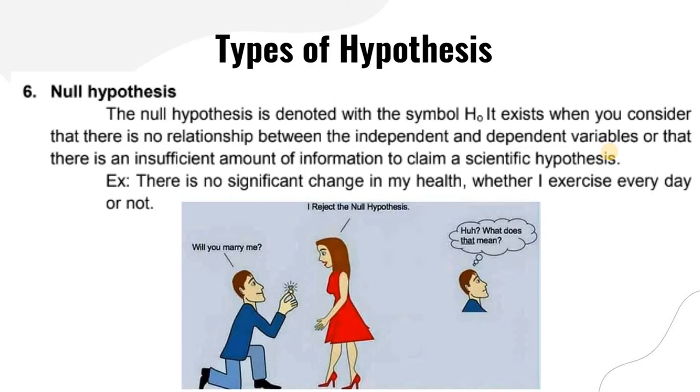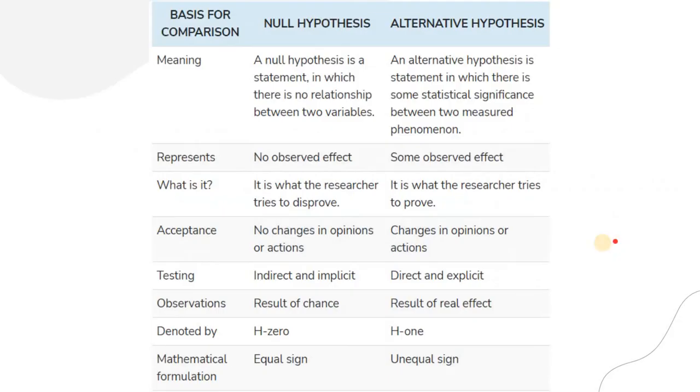Pag sinabi mong alternative, some, there is, yes. It is what the researcher tries to disprove, yung null. But the alternate hypothesis is what the researcher tries to prove. Acceptance, no changes in opinions or actions pag null. Pag alternate, changes in opinions or action is present.